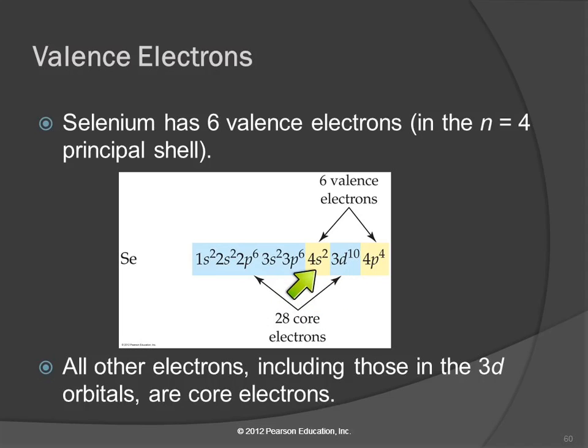But still, the highest principal quantum number is 4. And so we're not going to count these guys, even though they come between 4s2 and 4p4. That's 3. It's the principal quantum number that matters. So there's 2 here and 4 there. That's 6. The d electrons are core electrons. And so all the rest of these in the blue are core electrons.